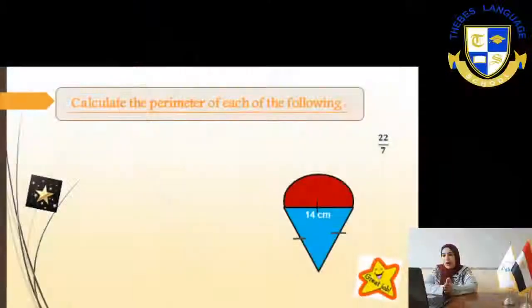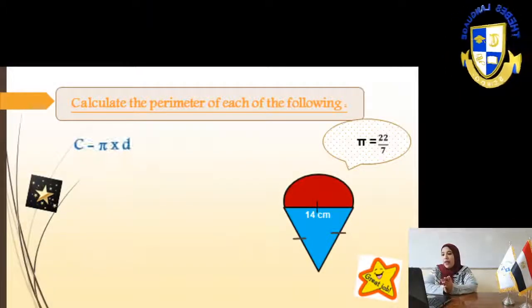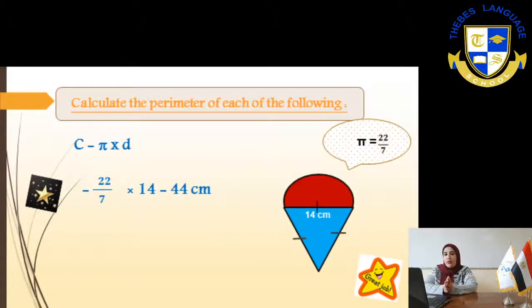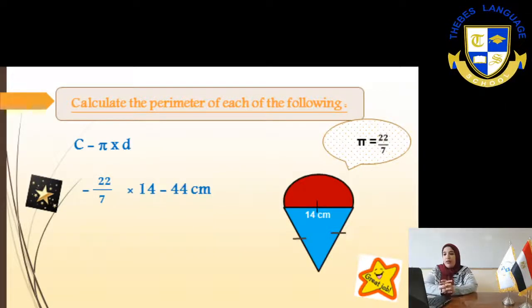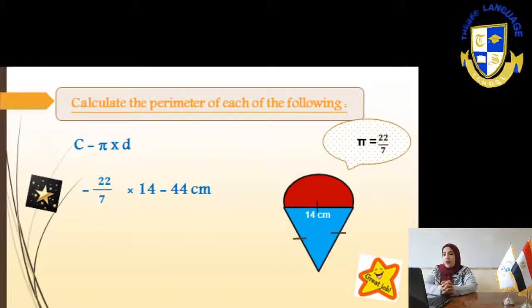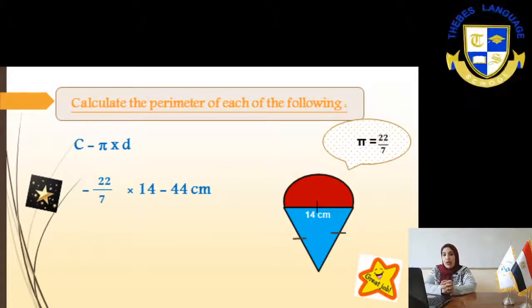How can we calculate the half circle? First of all, calculate the whole circle. How can we get the circumference of the circle? Pi multiply d. Here you have the diameter, and the diameter equals 14 centimeters. So it will be 22 over 7 by 14. The answer will be 44 centimeters. Here you get the circumference of the whole circle.